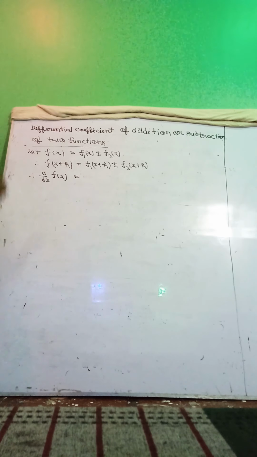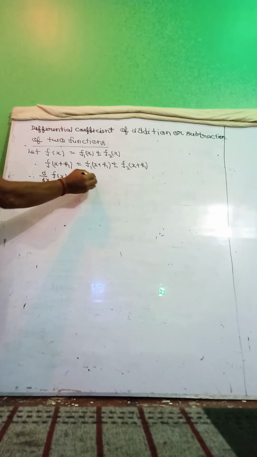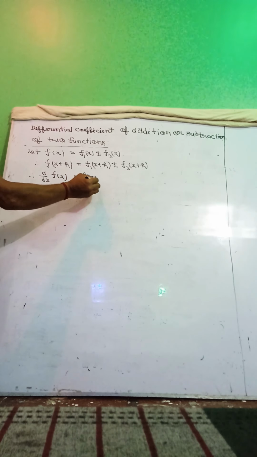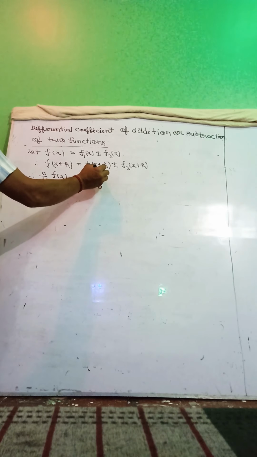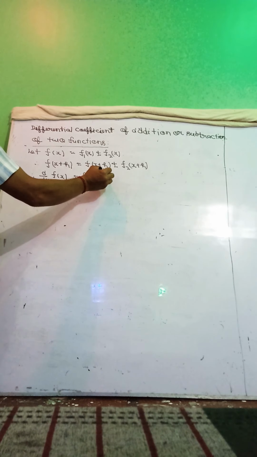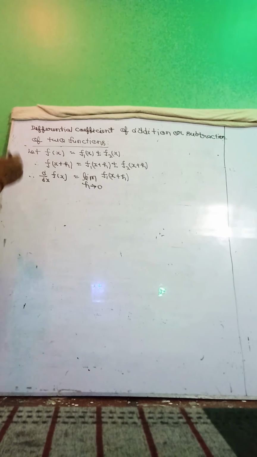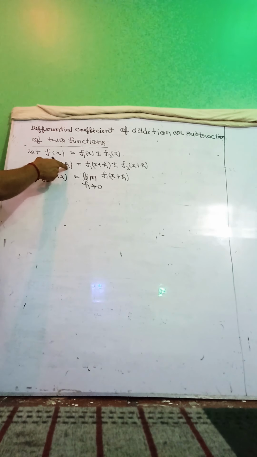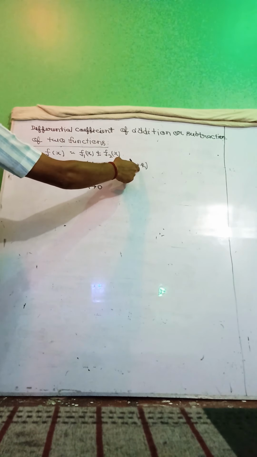is equal to limit h tends to 0, f1(x+h), because f(x+h) is f1(x+h) plus minus f2(x+h).